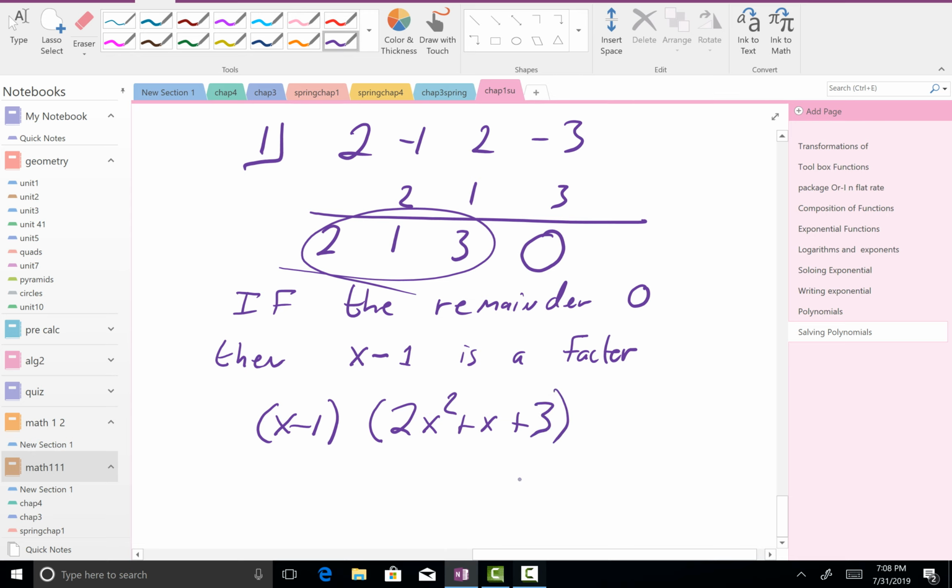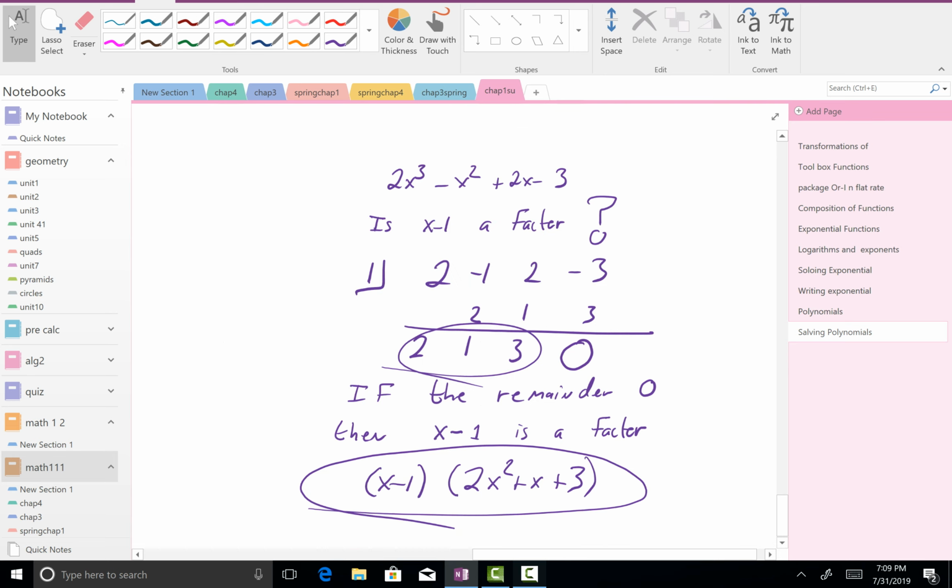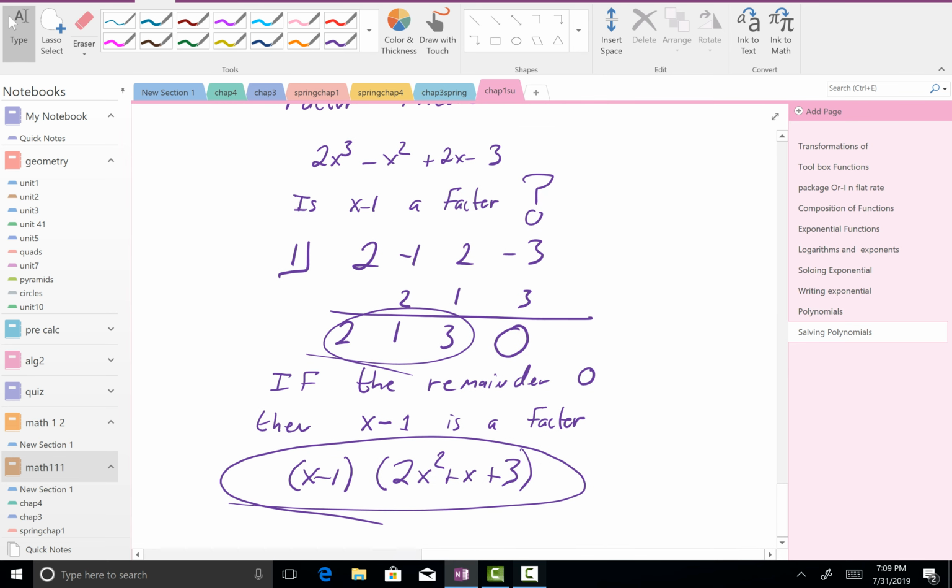If I multiply these two things, guess what you're going to get? That. So remember when Will said, I'm going to factor this? And I said, really, you want to factor that? Not really. But if he knows that this 1 gives the remainder 0, then he knows the factor, so now he can factor it.